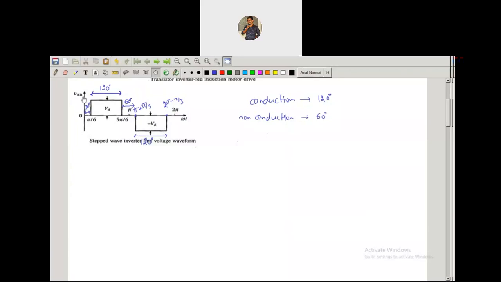Okay, so the inverter line voltage VAB, or the induction motor line voltage VAB, can be calculated by using a Fourier series.